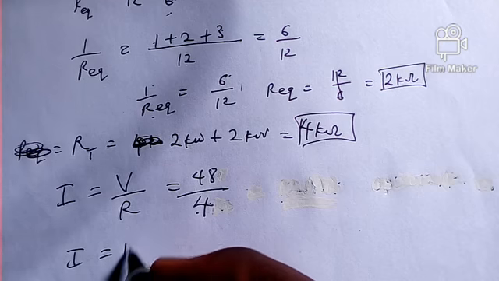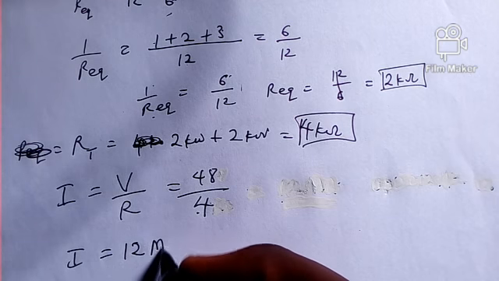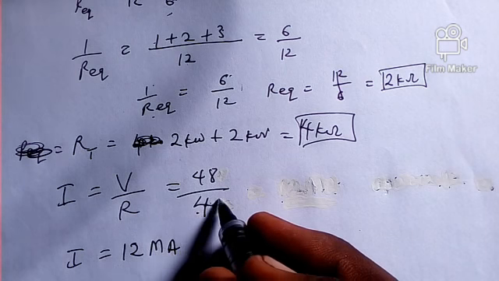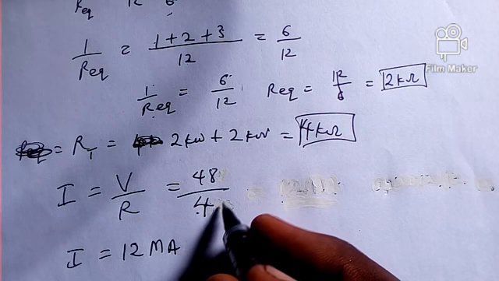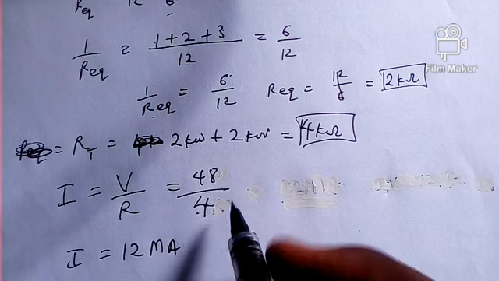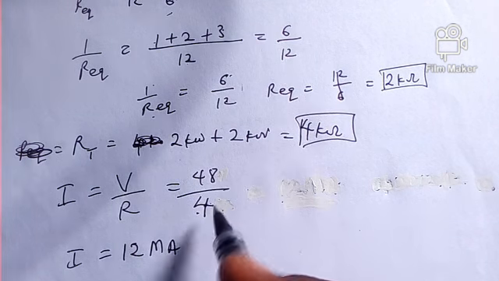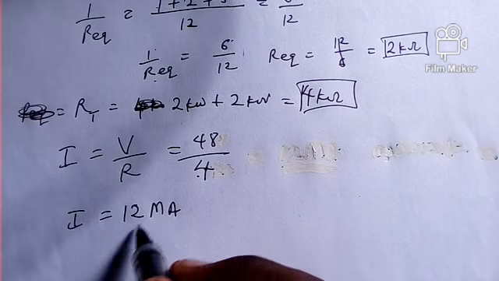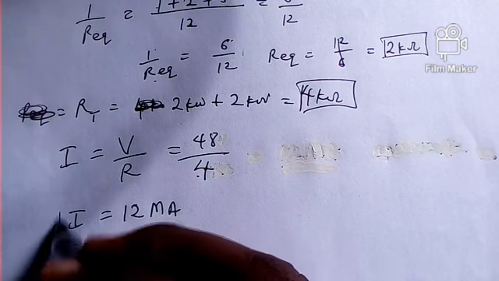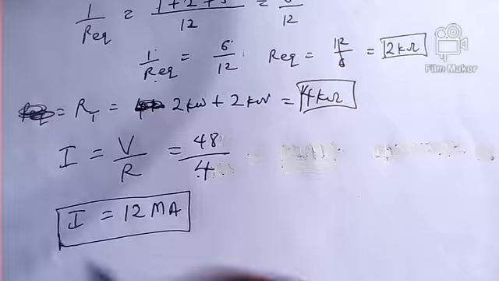That will give us 12 milliampere. Why is it milliampere? Because the resistance is in kilo ohms. Assuming that the resistance is in ohms, we're just going to have 12 ampere. So because the resistance is in kilo ohms, we are going to have our answer in milliampere. So this is it for the current.